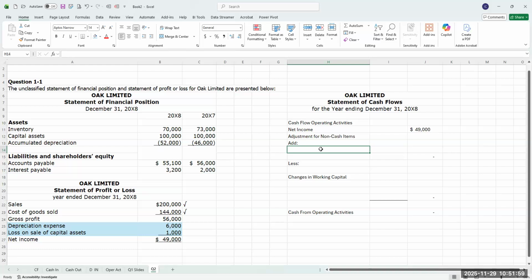So let's start. First, what we're going to add? We're going to add depreciation expense, and then we're going to add loss on sale of capital asset. Less, there's nothing, not applicable in this case.